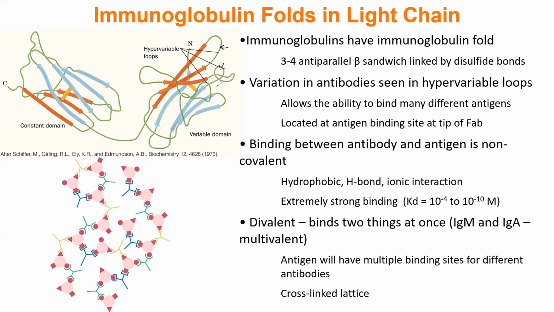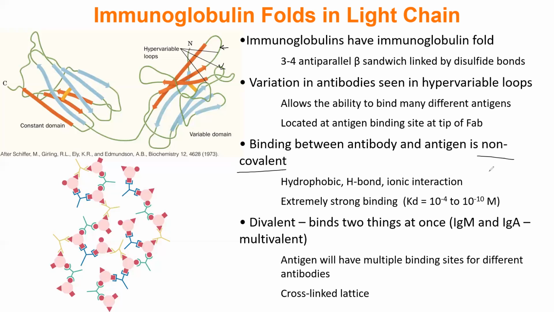These are what bind to your antigen, and it's all non-covalent, as we already talked about with the power stroke. Anytime you're making interactions between proteins, it's almost always going to be non-covalent. So you're talking about hydrophobic, hydrogen bond, and ionic interactions between your antibody and your antigen.